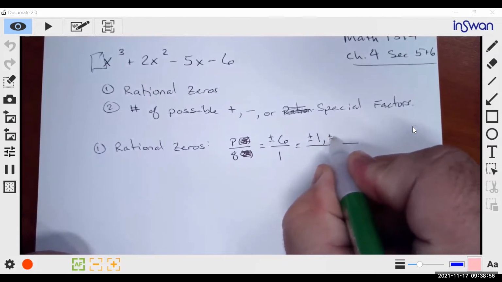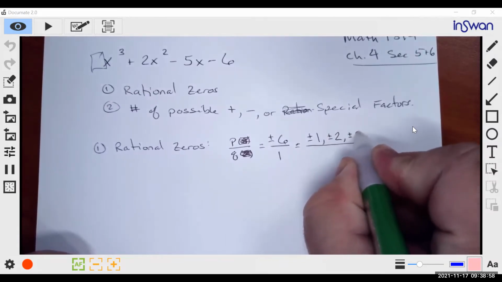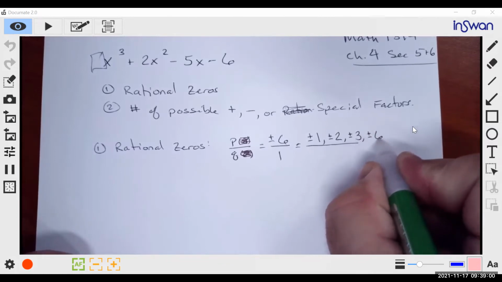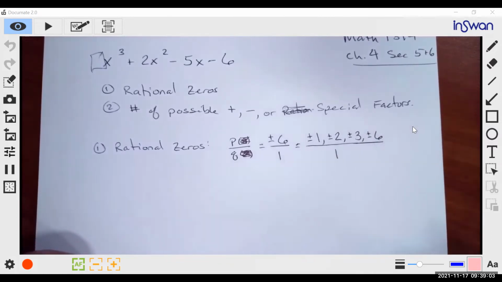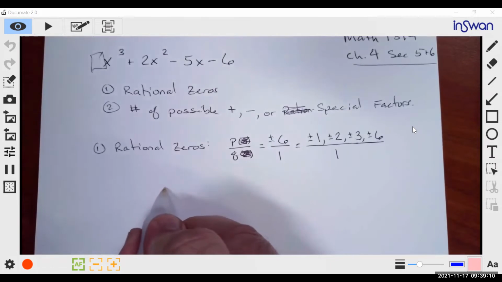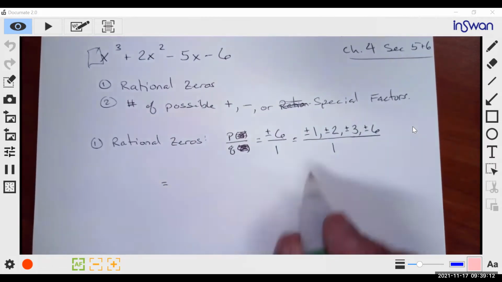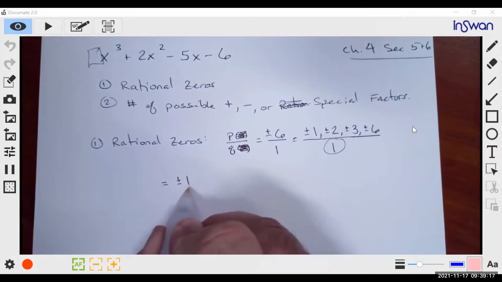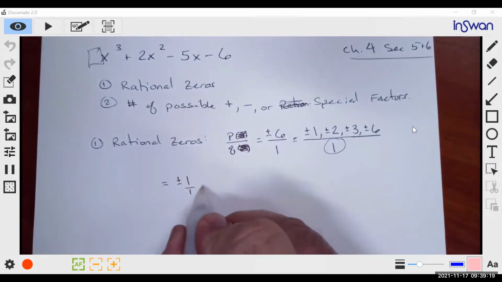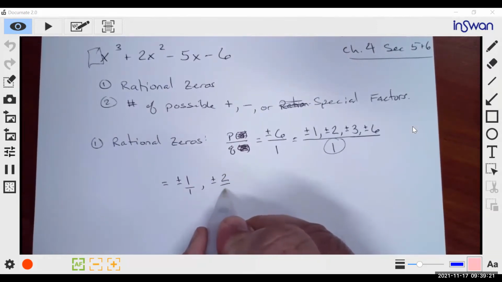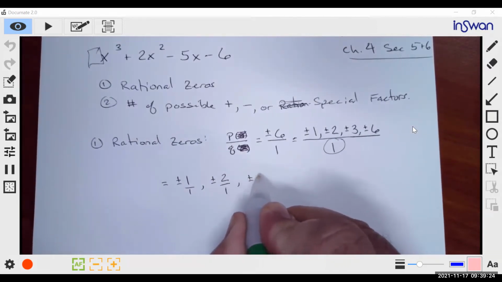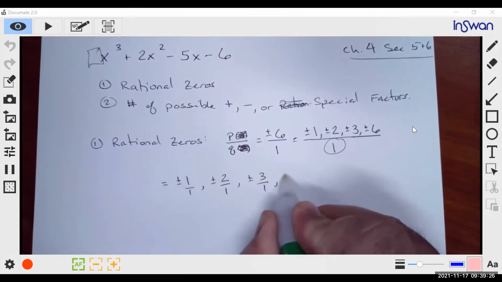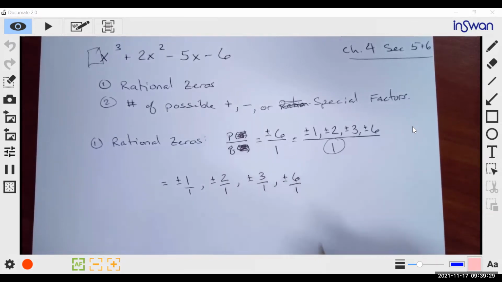1, 2, 3, and 6, since we only have one denominator. So now we take each one of them. So it's plus or minus 1 over 1, plus or minus 2 over 1, plus or minus 3 over 1, and plus or minus 6 over 1.